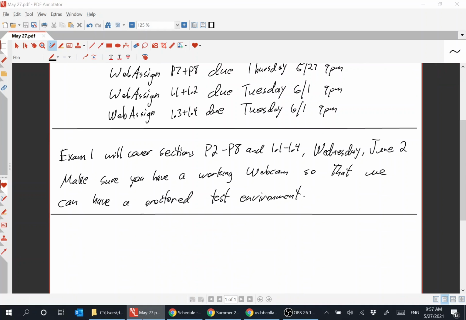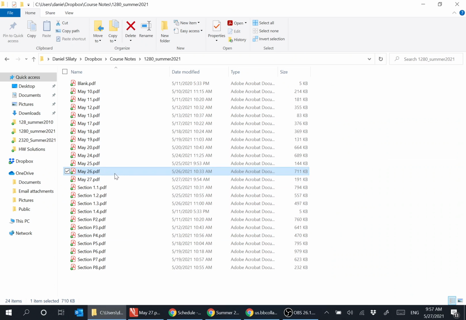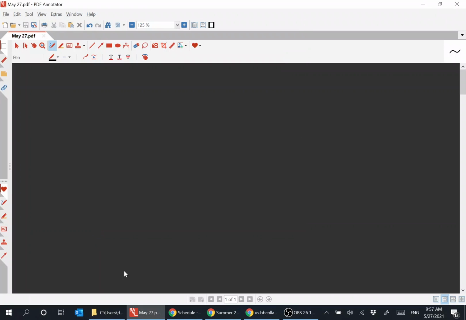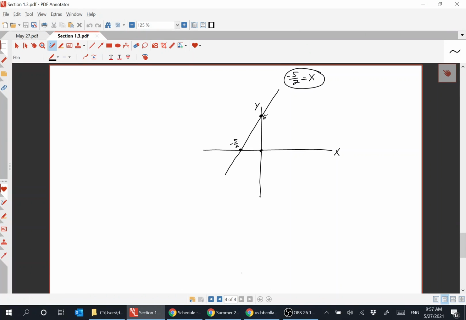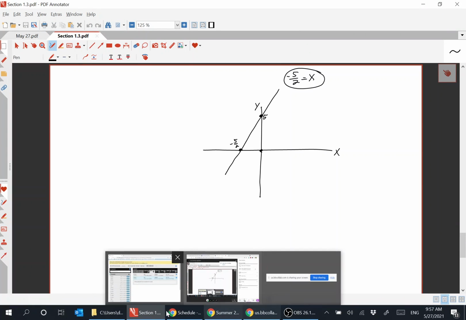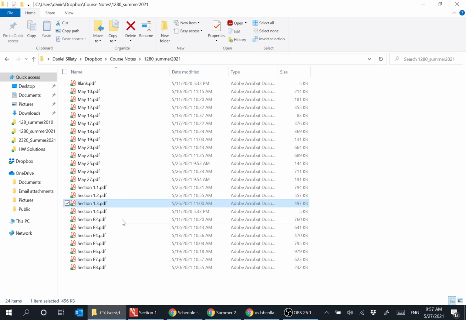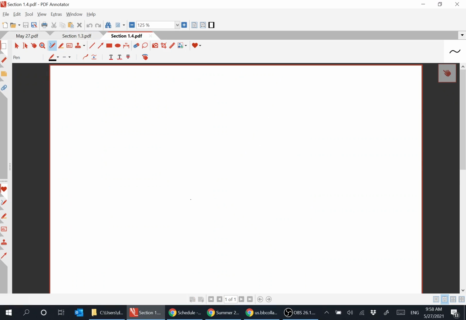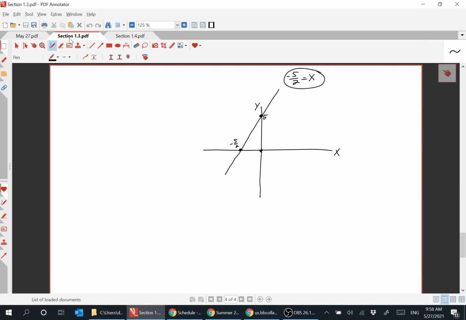So let's go back to section 1.3 and finish up our discussion there, and then section 1.4. And then on Tuesday, we will review those sections and any material that we can do after that.